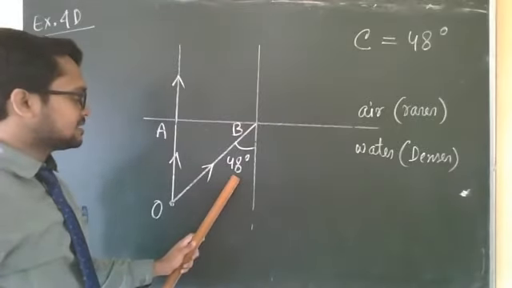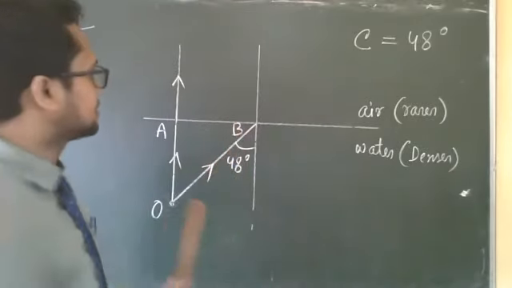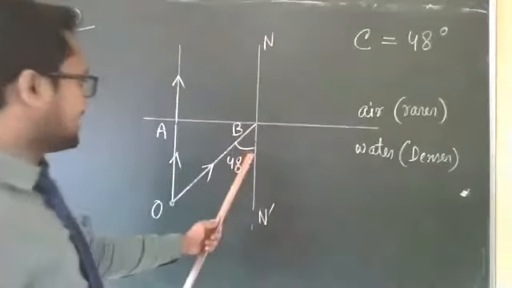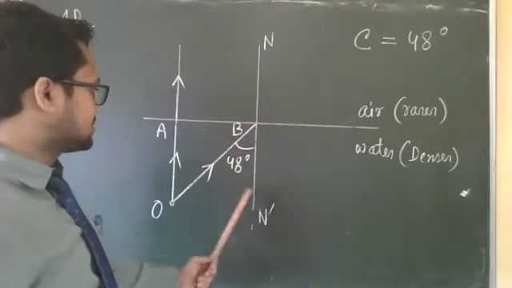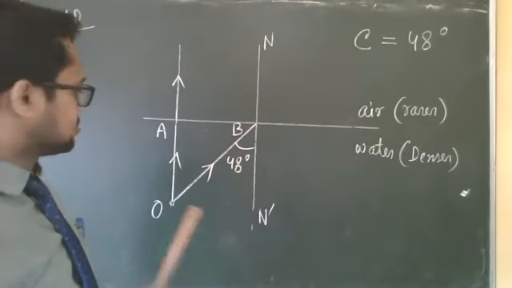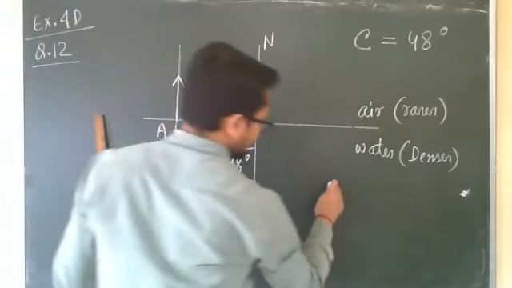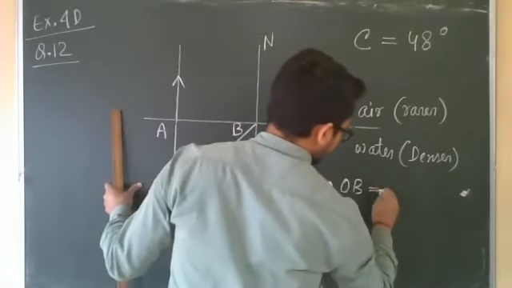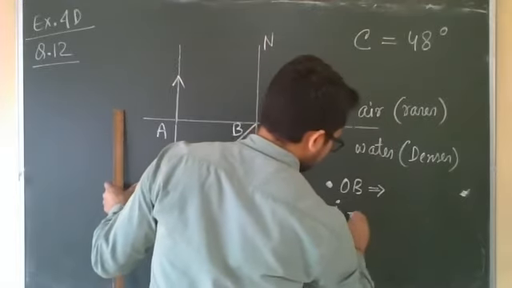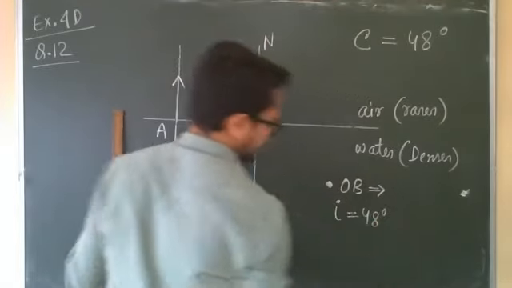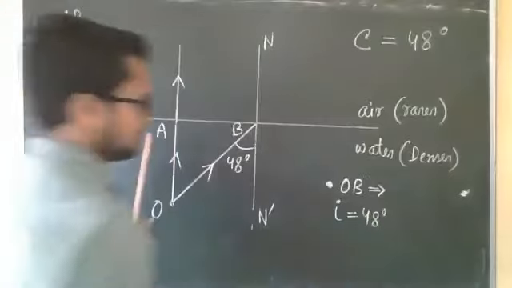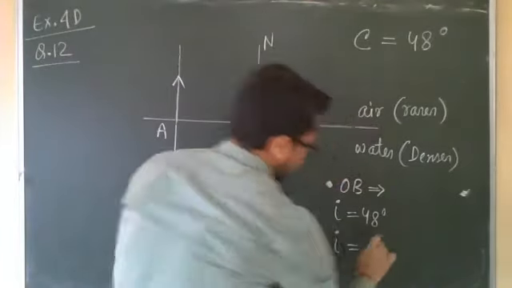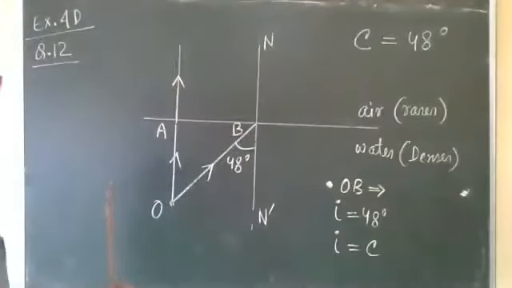Here the angle of incidence is 48 degrees. This is the normal, and the angle made with respect to the normal is 48 degrees. So for the ray OB, the angle of incidence i equals 48 degrees. The critical angle is 48 degrees, so the angle of incidence is equal to the critical angle.